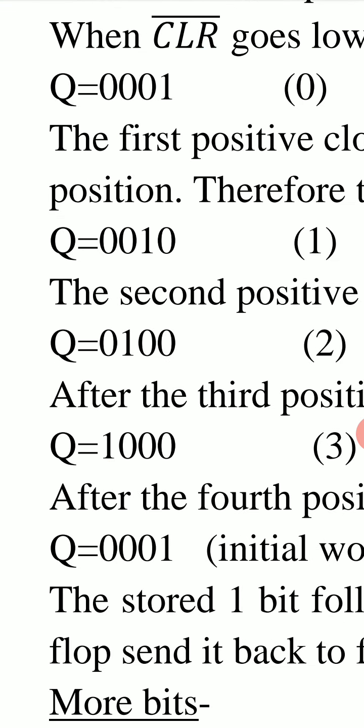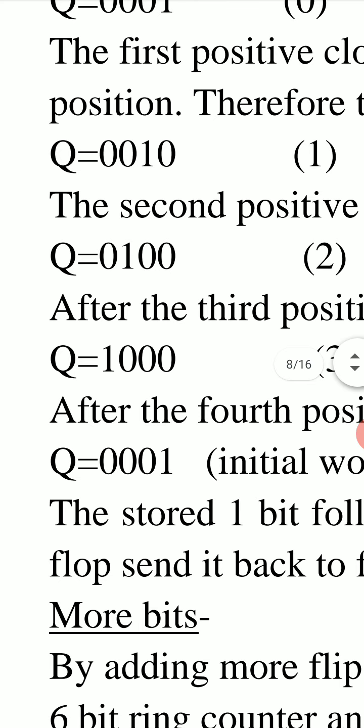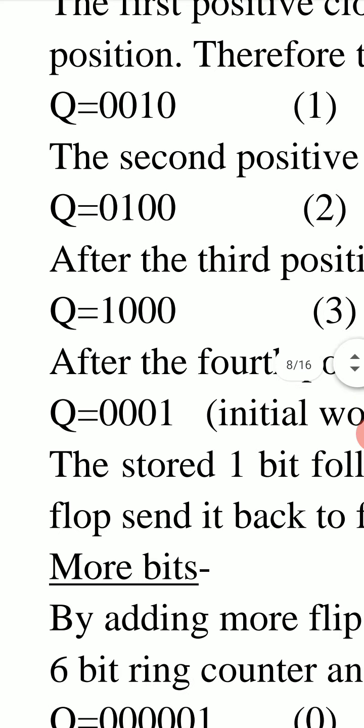So this high bit 1 is shifted towards the left. When the next positive clock edge arrives, this one shifts one more position to the left, and the successive words are these.